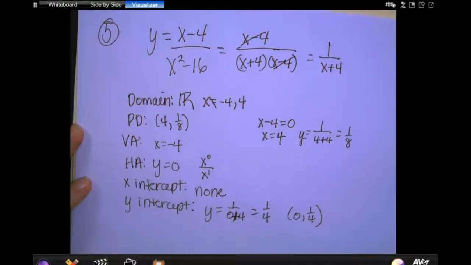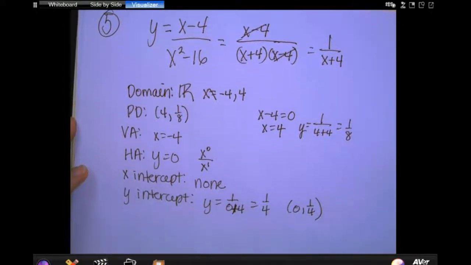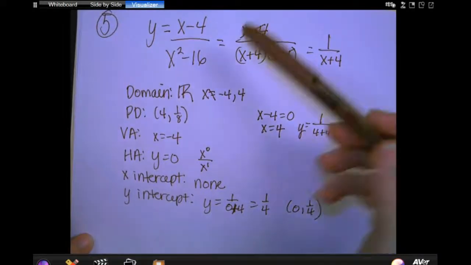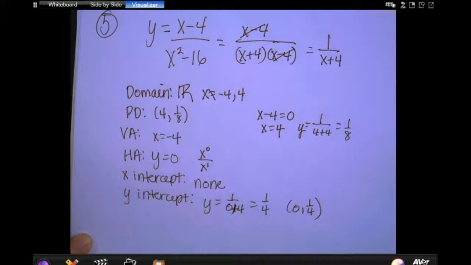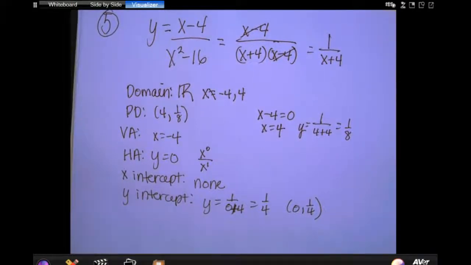So I get 0 and 1/4. The x-intercept is what's on top. There's none. Okay, so this is what we did on Friday.